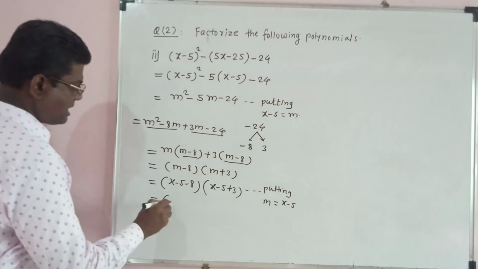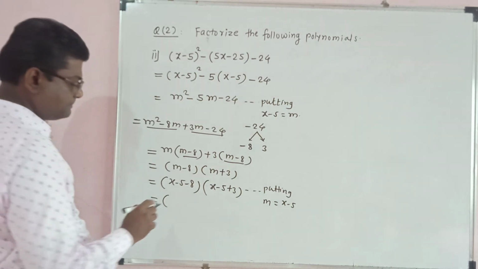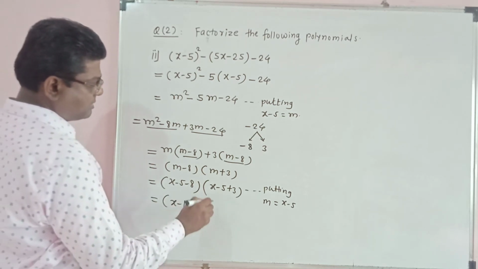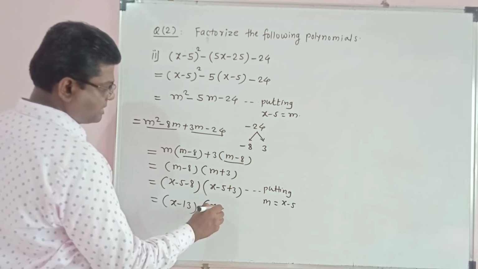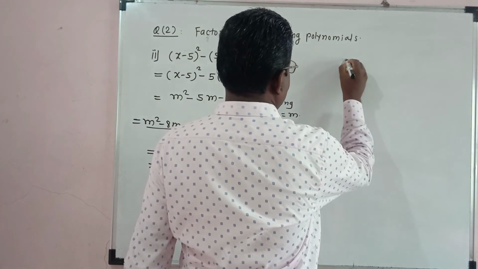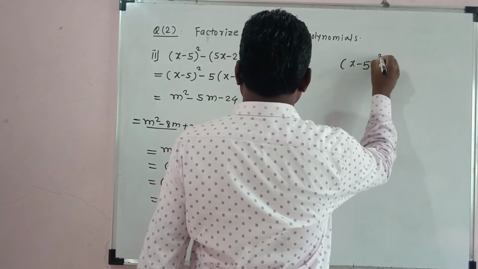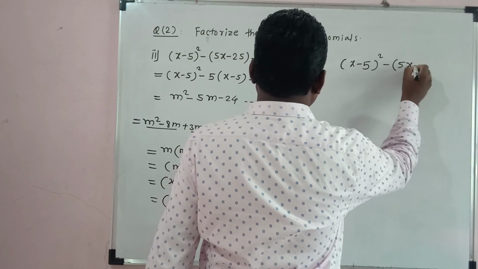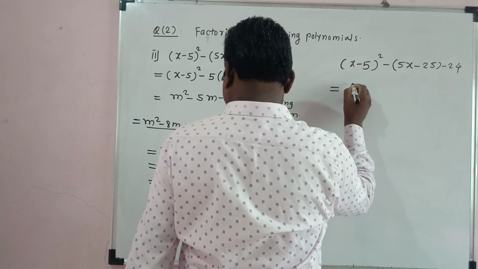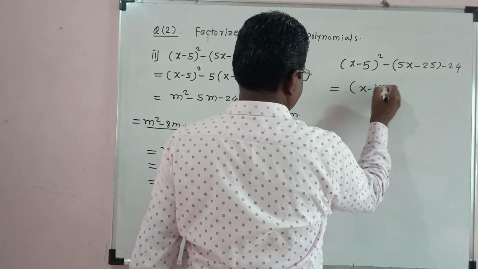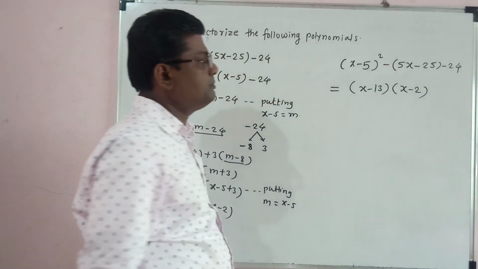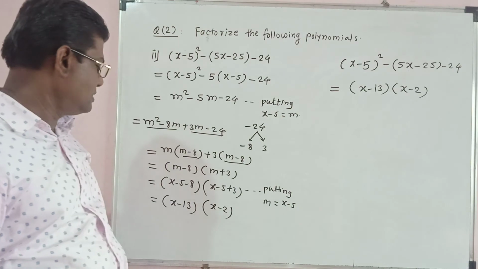So is equal to x minus 5 minus 8, minus 5 minus 8 will be minus 13, and here minus 5 plus 3 will be minus 2. Therefore (x minus 5) bracket square minus 5x minus 25 minus 24 is equal to, in first bracket, x minus 13 and in second bracket x minus 2 are the factors of the given polynomial.